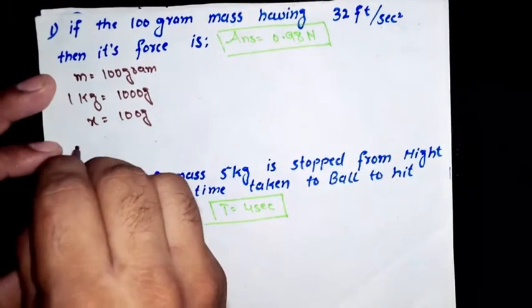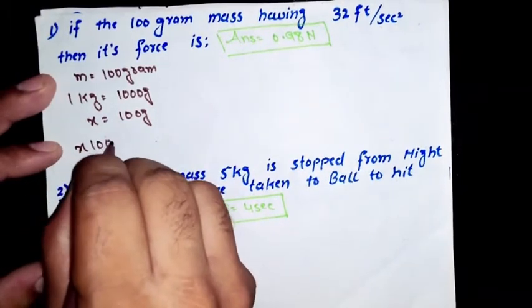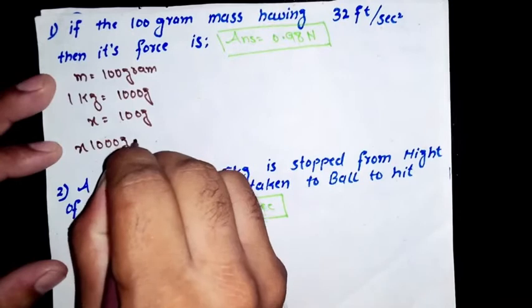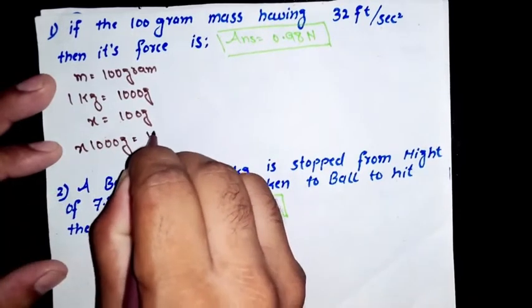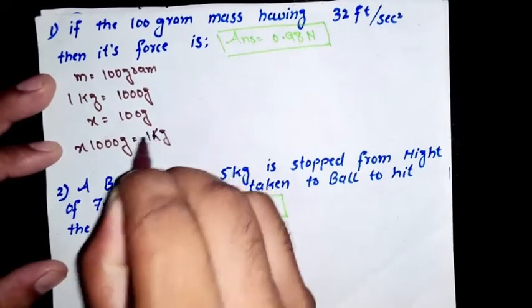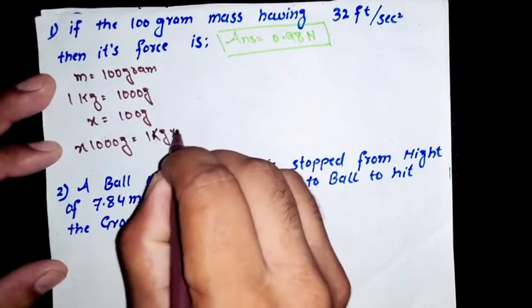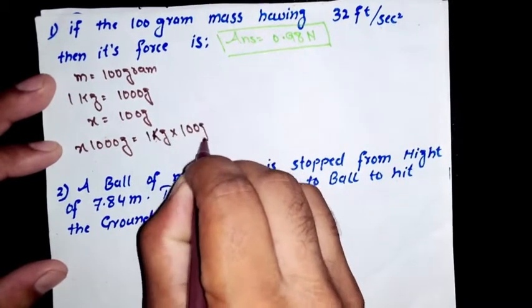This will become x into 1000 gram is equal to 1 kilogram multiplied by 100 gram.